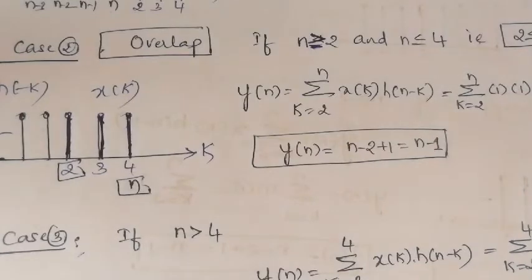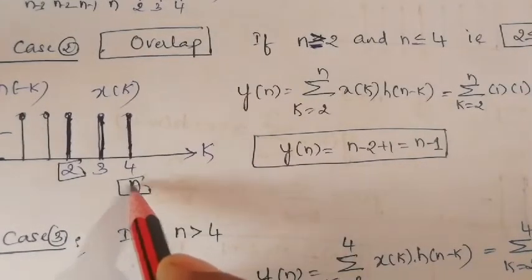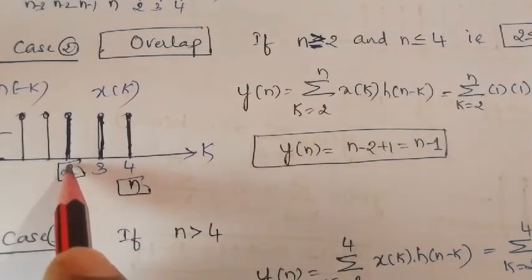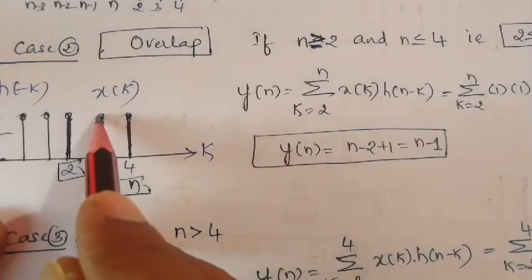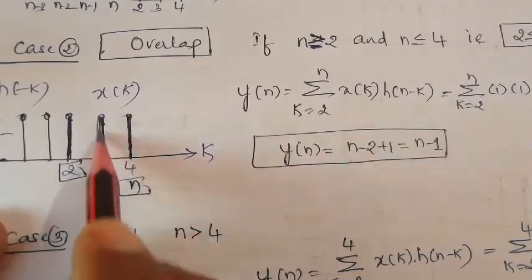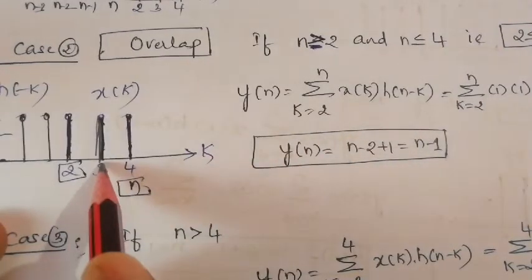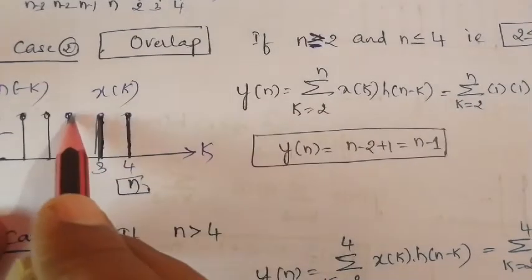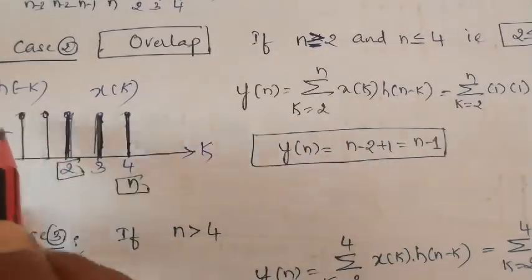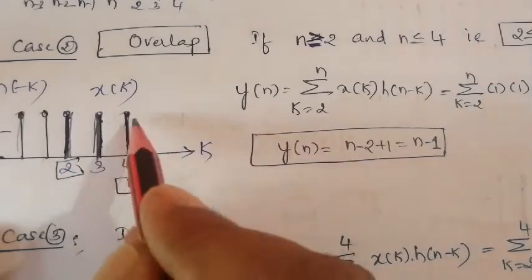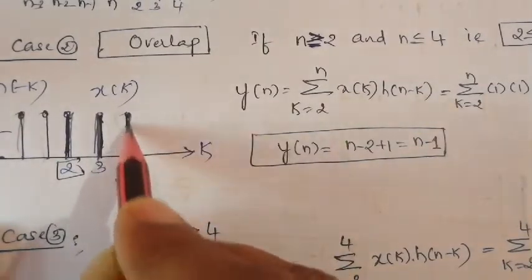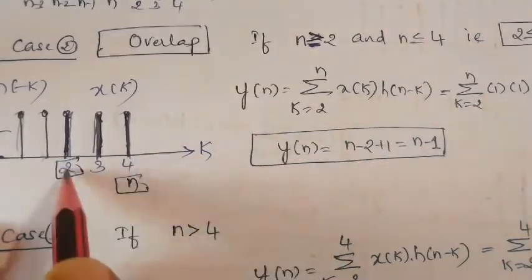Second signal, what do we have to take? The second signal reference point is n. You can take n greater than 2 and less than 4. If the reference point is n, then the overlap region is 2 to n.